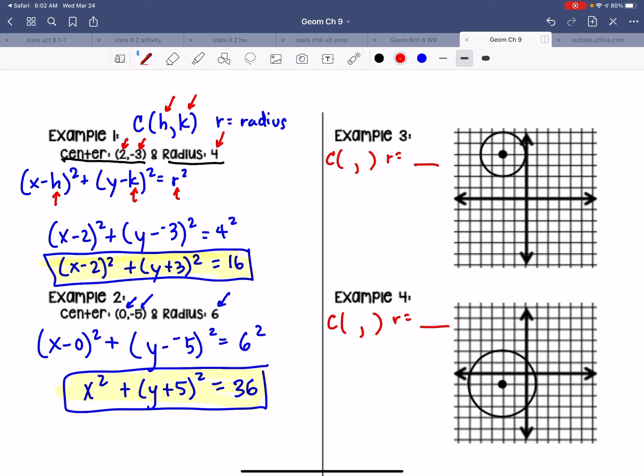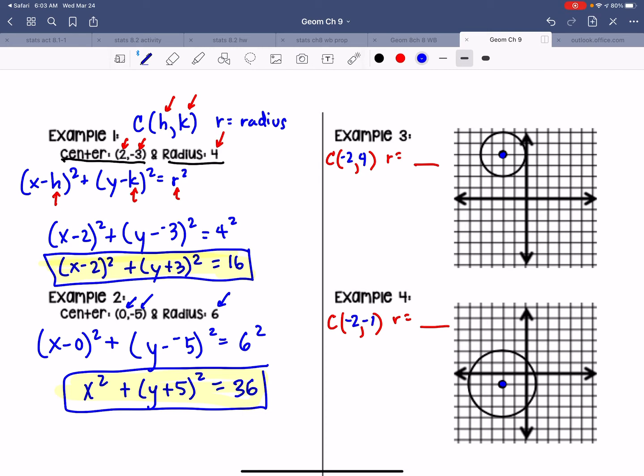All right, welcome back. Hopefully you put it on pause. What do we have here? Let's locate those centers. It looks like I have a negative 2, 1, 2, 3, 4, positive 4. So negative 2, positive 4, and tracking this one, negative 2, negative 1.